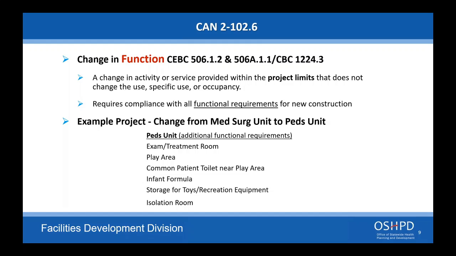If you do not have those, you have to present to the OSHPD team basically a proposal based on current code: this is what's required in these rooms, and we're going to balance it to that. So there is a level of rebalance that would be required.